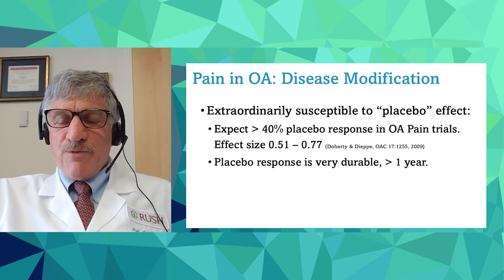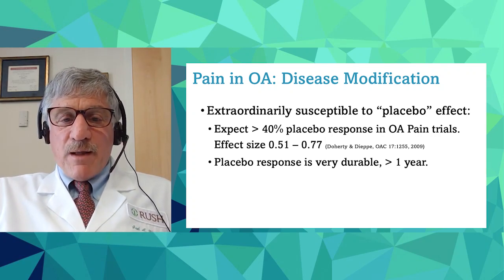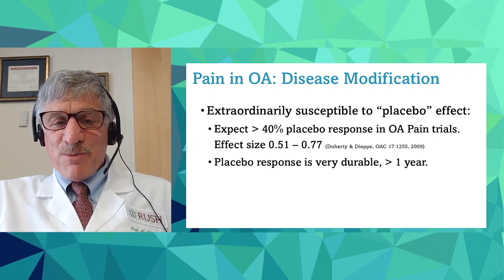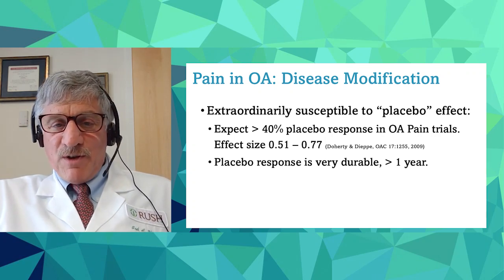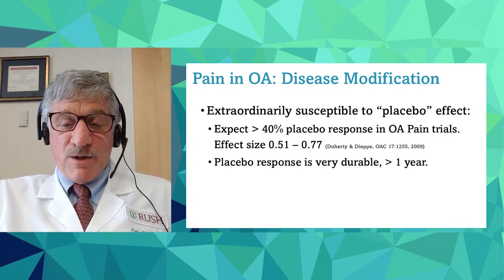That is a really high threshold over which we need to prove that our new therapies are superior. And what I didn't mention is that the placebo response is very durable. These patients who get a significant placebo response, that lasts as long as the study goes on, including going on for well over a year.